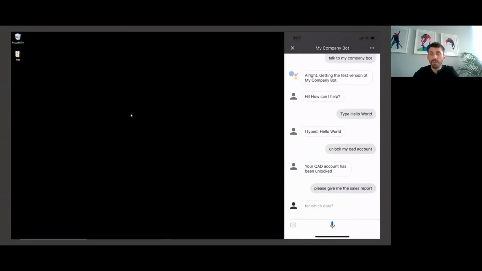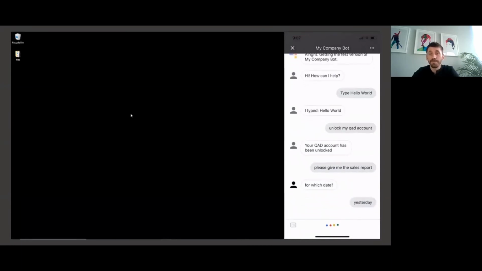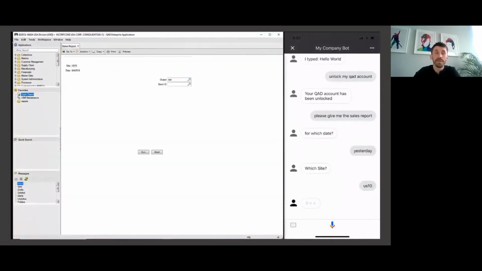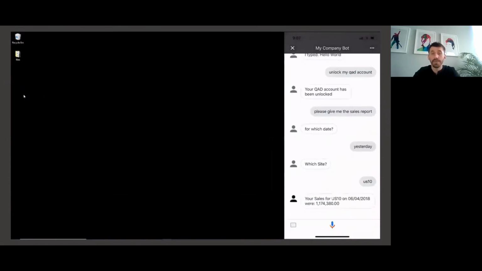So as you can see on the right, the person is saying to the robot what actions should be performed, and on the left you can see the robot actions. So I think it's pretty cool.